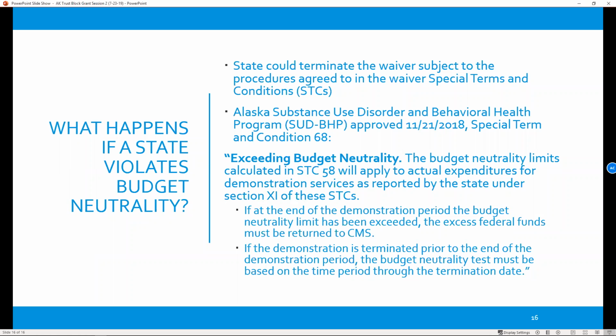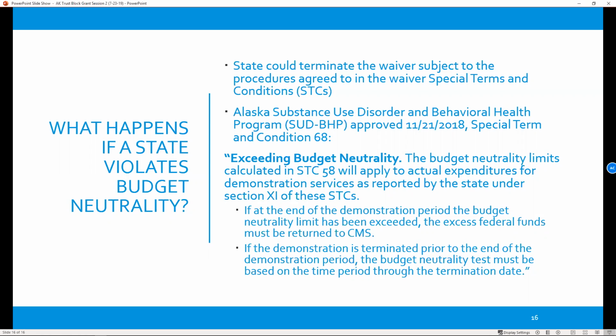This is a waiver that the state now has. It was approved last November. It's STC 68, and here's what it says about exceeding budget neutrality. The budget neutrality limits calculated in STC 58 will apply to actual expenditures for demonstration services as reported by the state under Section 11. Because, of course, the STCs would also spell out the reporting protocols, requirements, and timing.